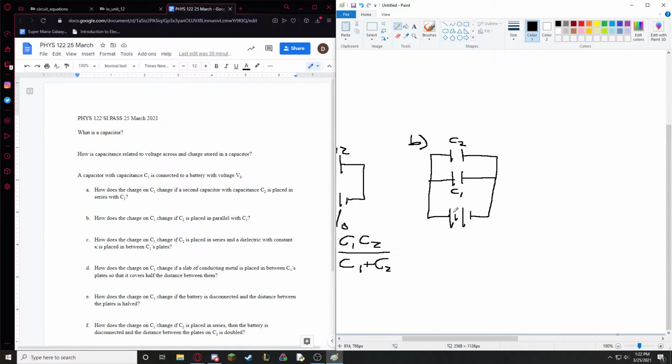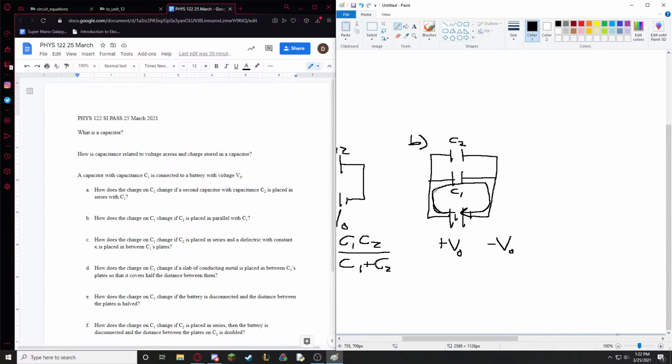So for this loop around here, we start at the battery and we only go through C1. We're not going to go through C2. We gain plus V naught across the battery and we lose V naught across C1.